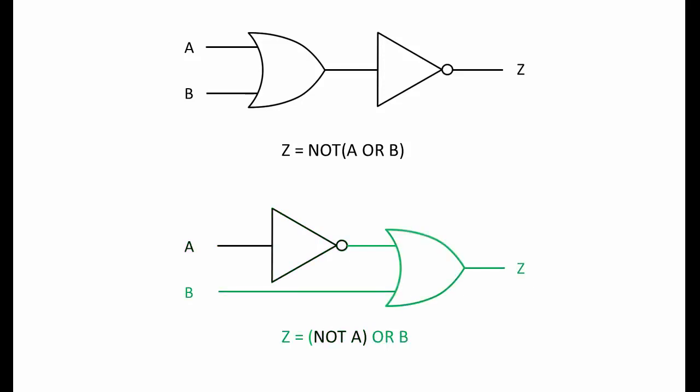Then the result of NOT A is combined with B through an OR gate to give us Z. In fact, because the NOT operation has a higher precedence than the OR operation, the brackets can be left out if you wish. These are both valid expressions for the lower combination of gates.